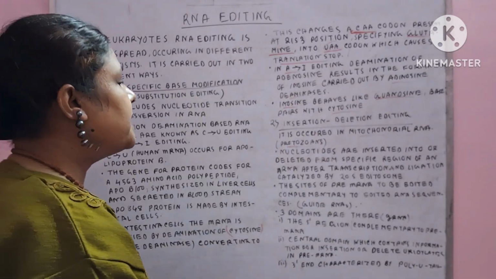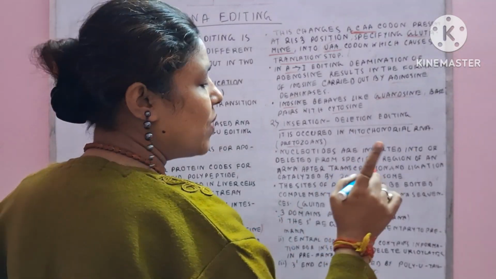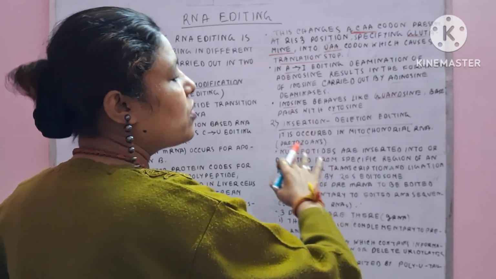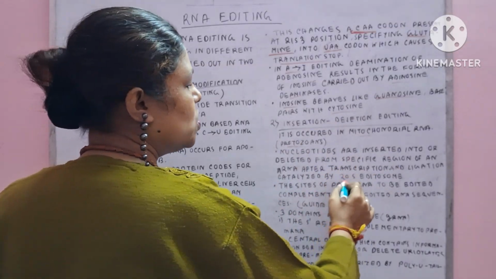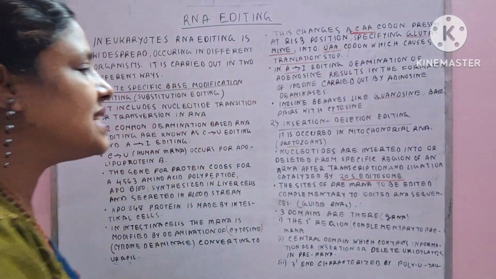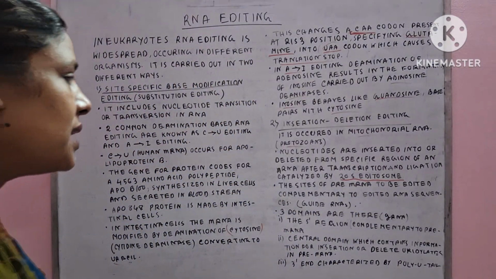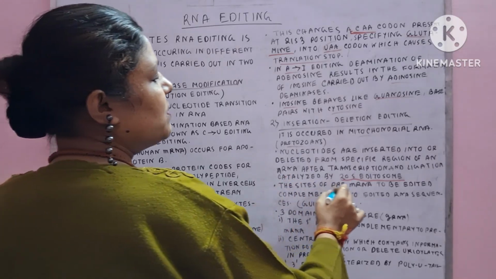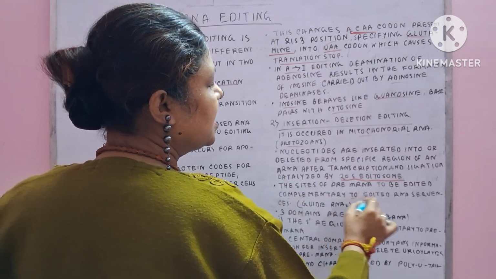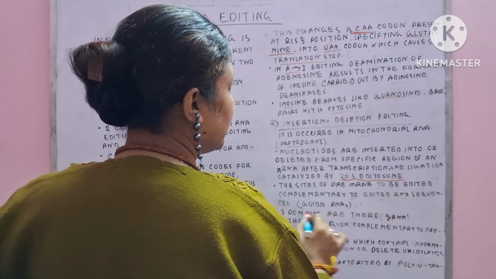Clear? And one enzyme is very helpful for this process, the 20S editosome. Clear? And the sites of the pre-mRNA to be edited are complementary to the edited RNA sequences.